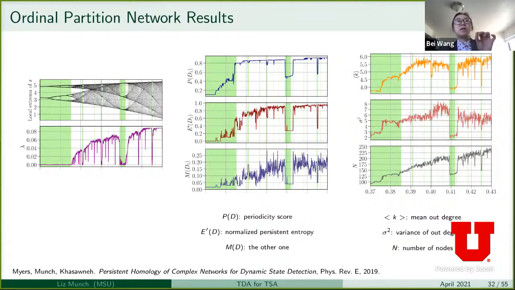And your argument would be that if I look at those three plots, they all seem to differentiate at some stage between periodic and chaotic, but the middle row, the normalized persistent entropy, would you argue that is the best? Yeah, okay.